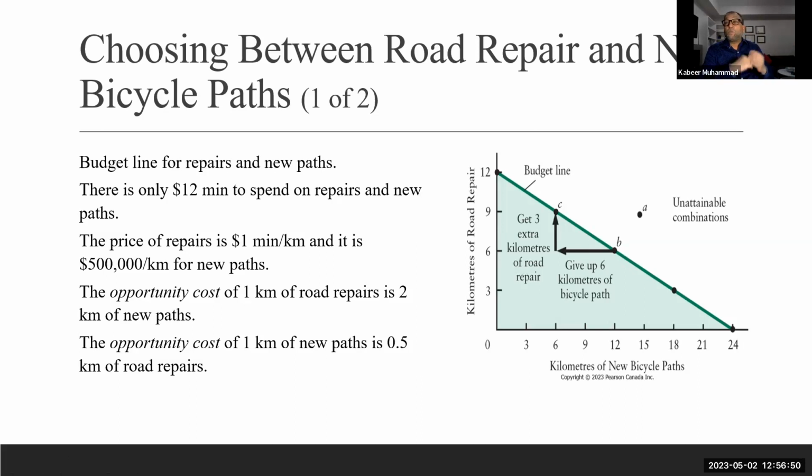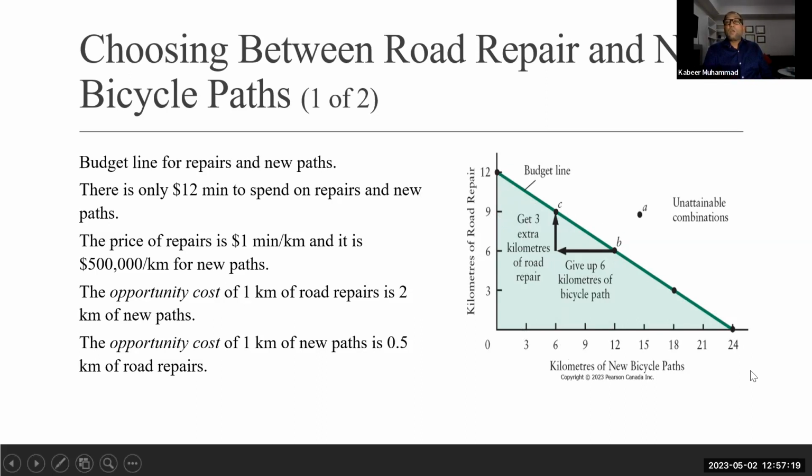We can do a combination of the two. This dark green line reflects all the possible combinations, for example 9 kilometers of road repair and 6 kilometers of bicycle path, or 6 kilometers of road repair and 12 kilometers of bicycle path.